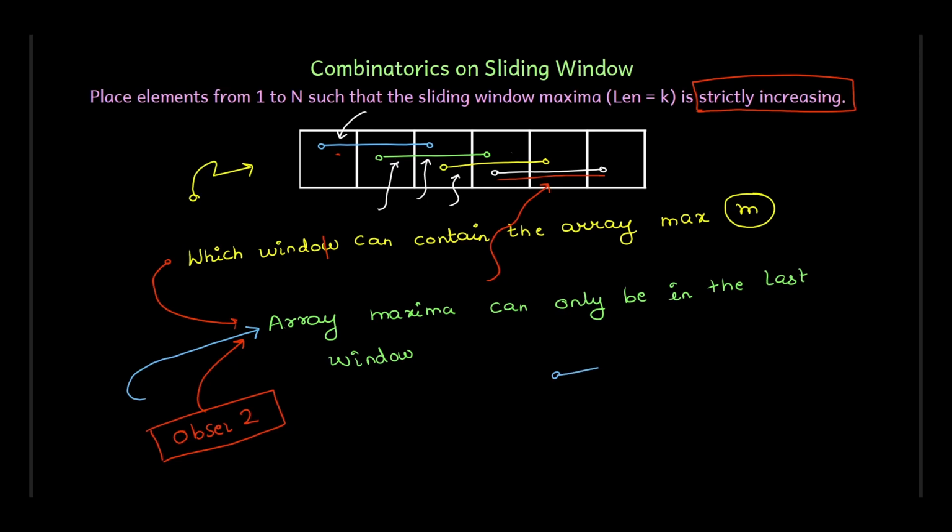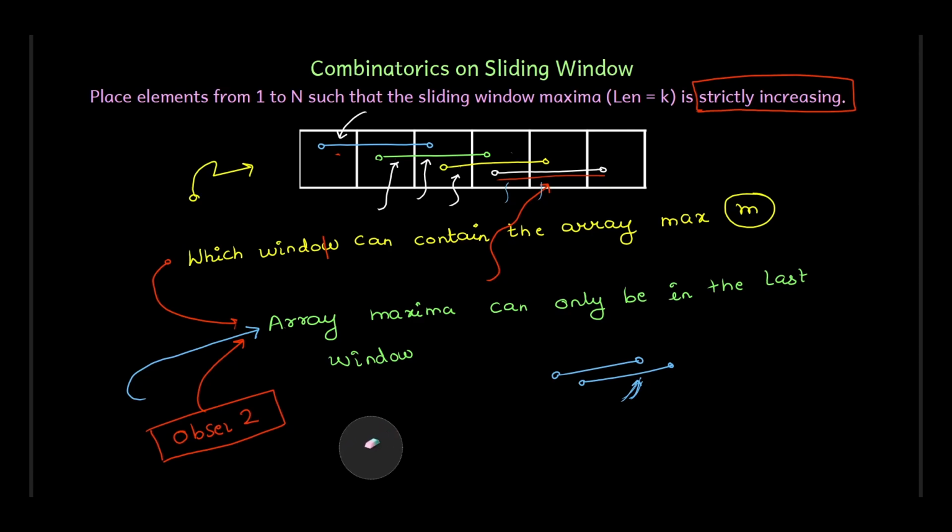Because if there is a window that is competing after it, like so, then this cannot increase the maxima. It can either maintain it or decrease it, and both cases are bad for us. So that is why it has to be in the last window only. It can have multiple copies in the last window and it can appear anywhere in this last window.